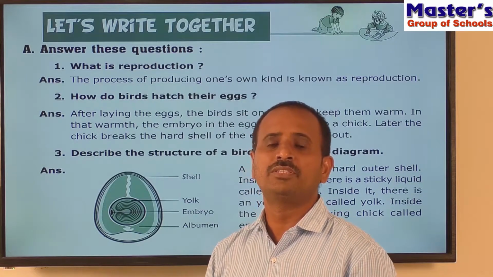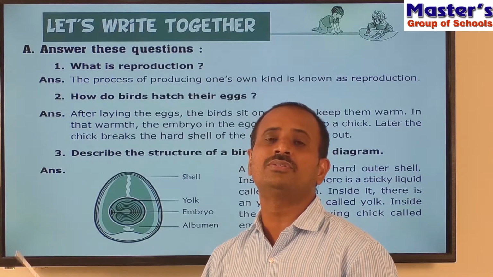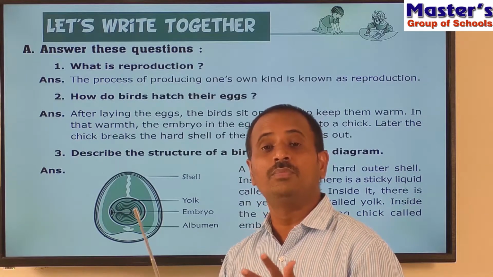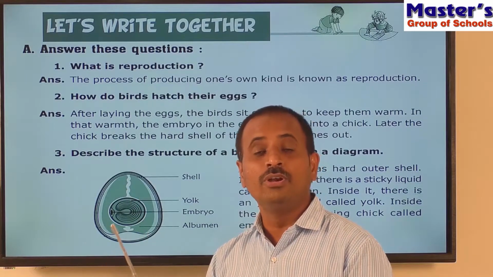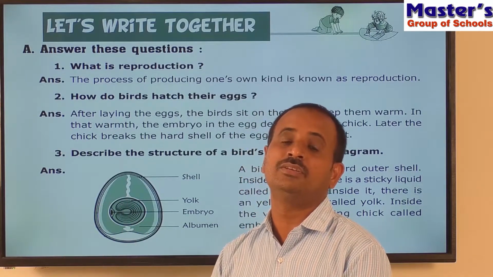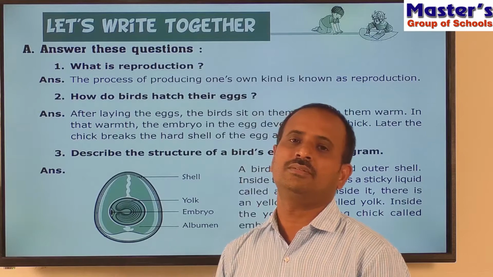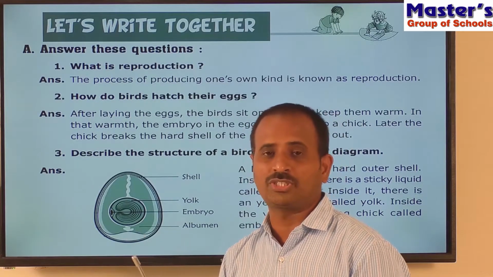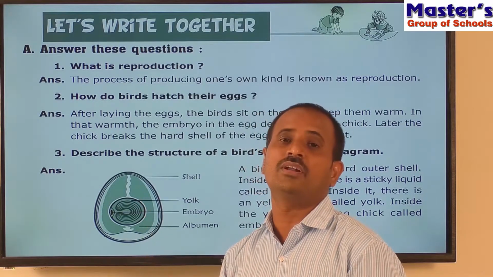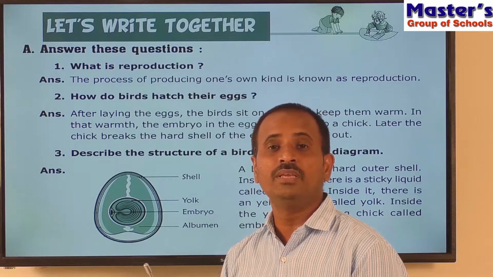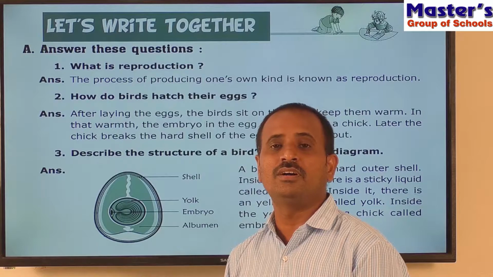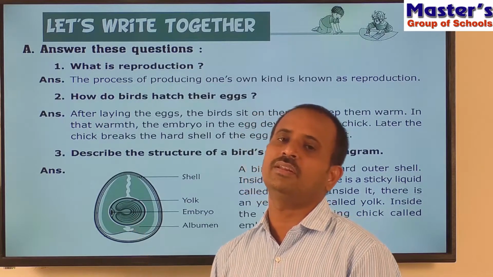In this way, the process of reproduction continues, and it helps living organisms continue their species on this earth without becoming extinct. If there were no reproduction, all living organisms would become extinct and would not exist anymore on the earth.